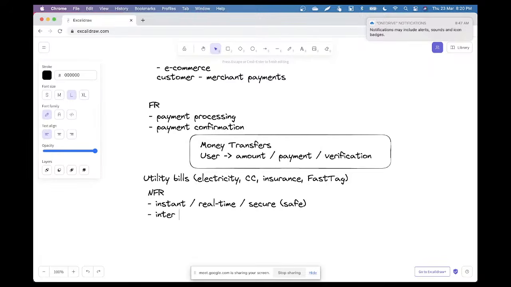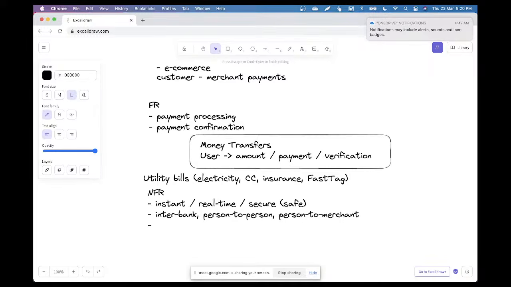And you should support various kinds of transactions. You can transfer money between different bank accounts which you have, right? That's one use case. You can make transfers person to person. You can make transfers person to merchant as well. So you can send money to your friend, and you can send money to a merchant when you are doing an online transaction. For any other expenses also, you can share money with your friends and relatives.